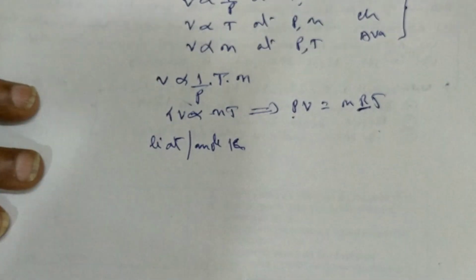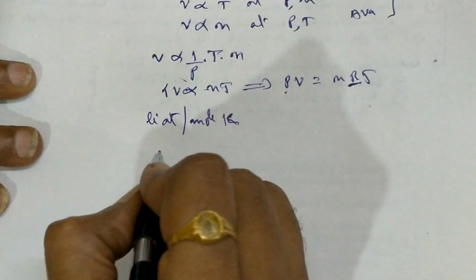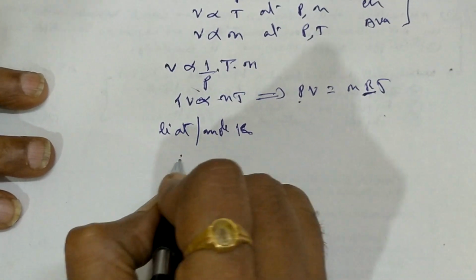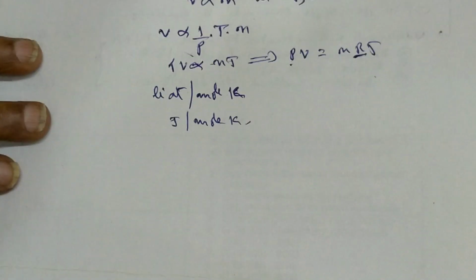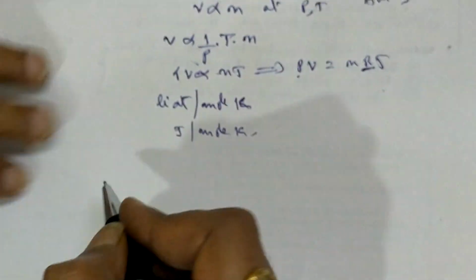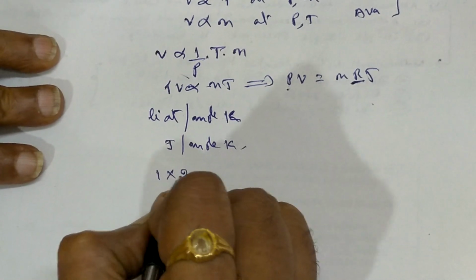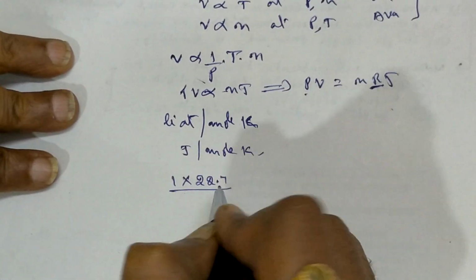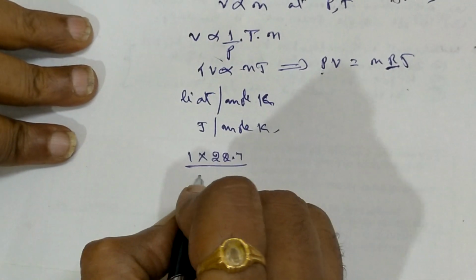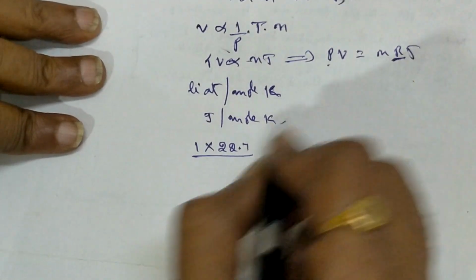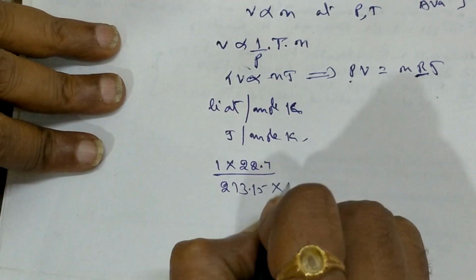So the units are liter atmosphere per Kelvin per mole. If it is in joules, the liter atmosphere will be converted into joules per mole per Kelvin. So what is the value of this? We will derive one: P is 1 atmosphere, V is 22.4 liters at 273 Kelvin, and n is 1 mole.